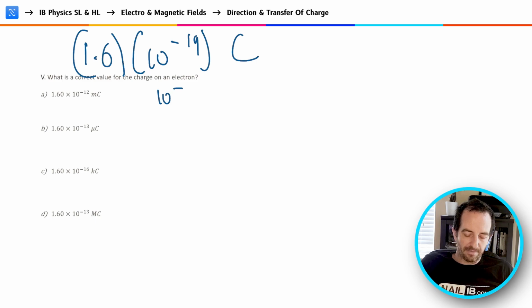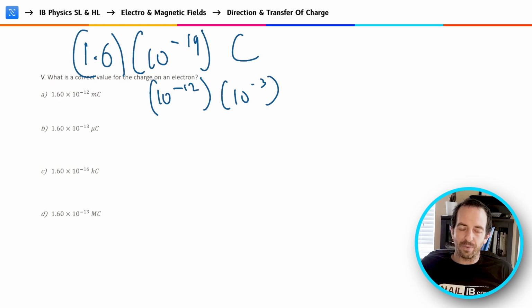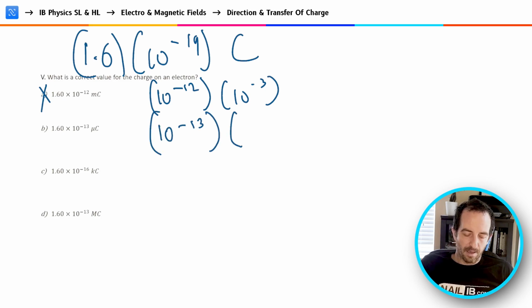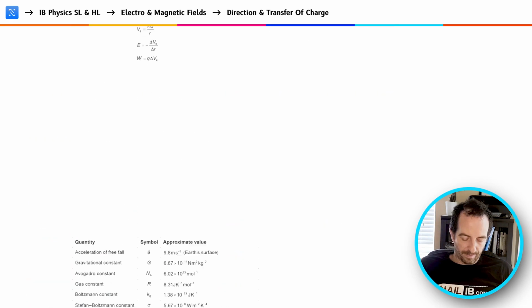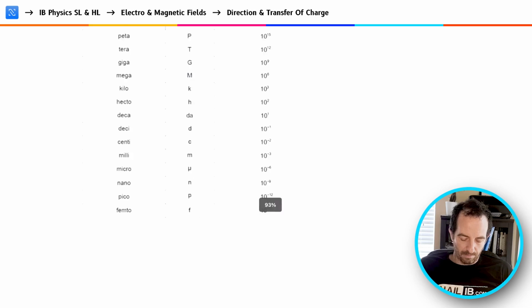Well, here we have 10 to the negative 12 times millicoulombs. Milli is 10 to the negative 3. 10 to the negative 12 times 10 to the negative 3 is not equal to 10 to the negative 19. That's out. And the next one, we have 10 to the negative 13 microcoulombs. Micro, if you look at the metric list, there we go.